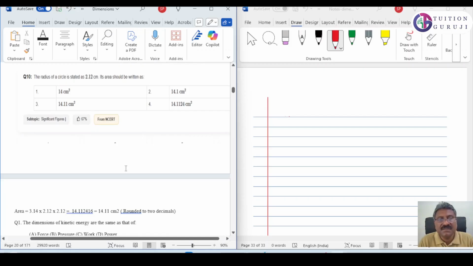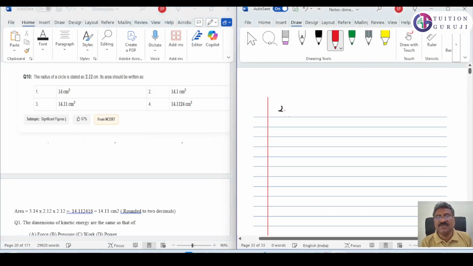The radius of a circle is 2.12 centimeter. Its area should be written as? For a circle, the area is pi r square.